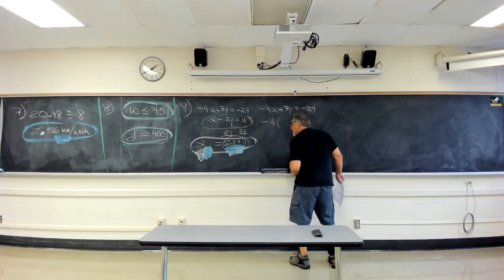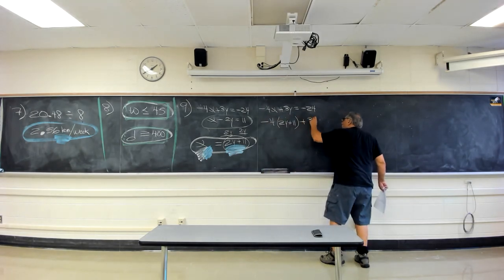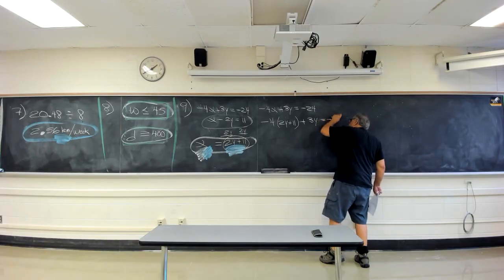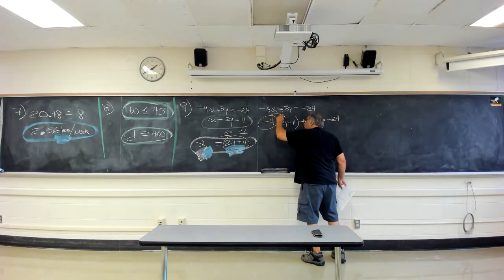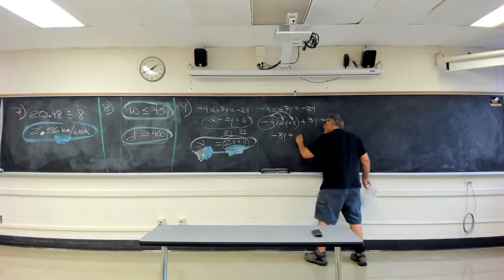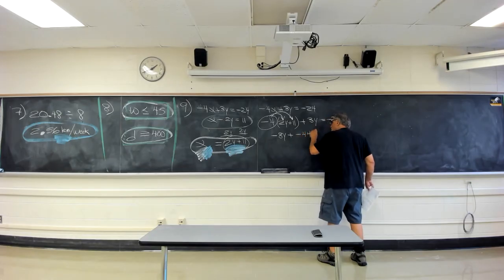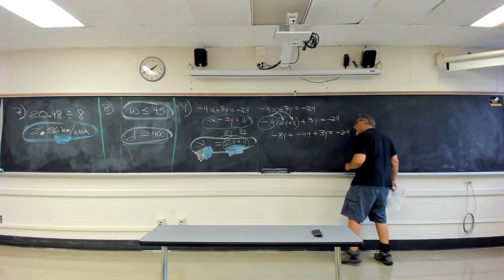So in place of x, you're going to put 2y plus 11, plus 3y equals negative 24. Now what did you accomplish there? You got one letter to deal with, guys. Negative 4 times 2y is negative 8y. Negative 4 times 11 is negative 44. 3y is 3y. Negative 24 is negative 24.